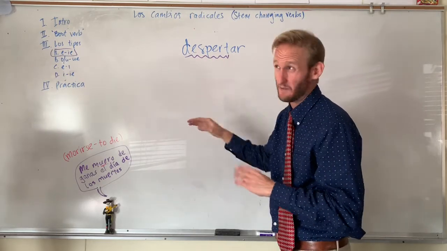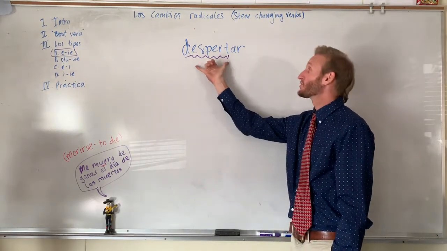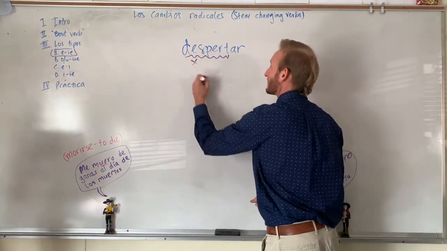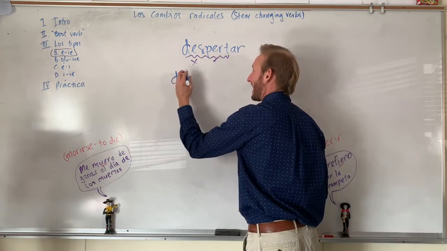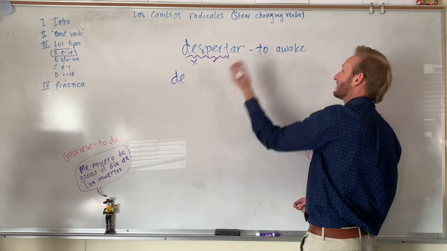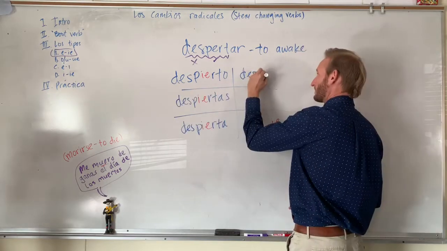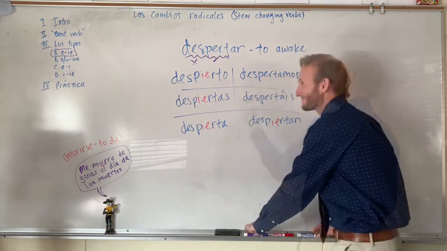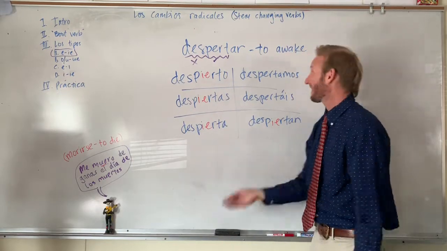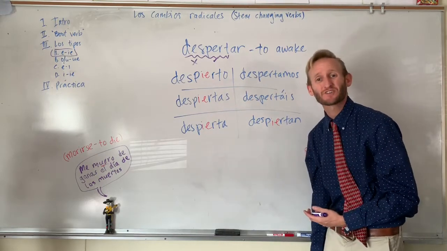I'm going to say 99.999% of the time when you have a two-syllable stem, despert, go with the second one. So, not this one. This one, as in I awake. Despertar, to awake. I awake. Go ahead and take a moment to try and figure out the others. Yo despierto, tú despiertas, ella despierta, nosotros despertamos, vosotros despertáis, ellos despiertan.